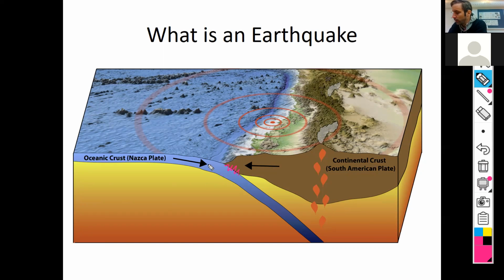When the oceanic crust moves, it wants to drag the continental crust with it, so that this continental crust bends. Originally it was straight, but because it's trying to follow the oceanic crust downwards, it bends.